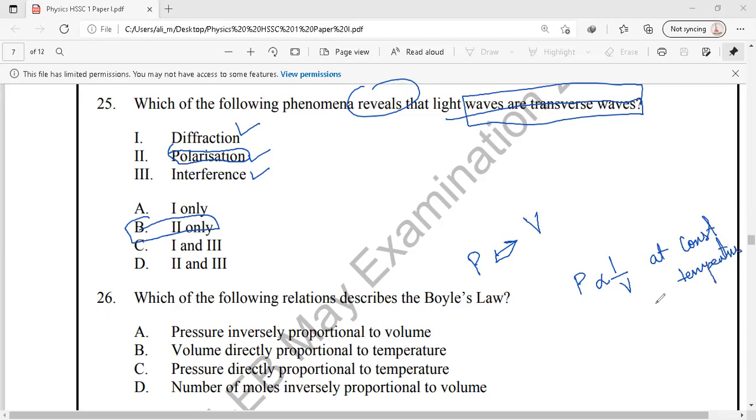So pressure is inversely proportional to the volume, and the product PV remains constant for any given mass of the gas. So the correct answer for question number 26 is option A.